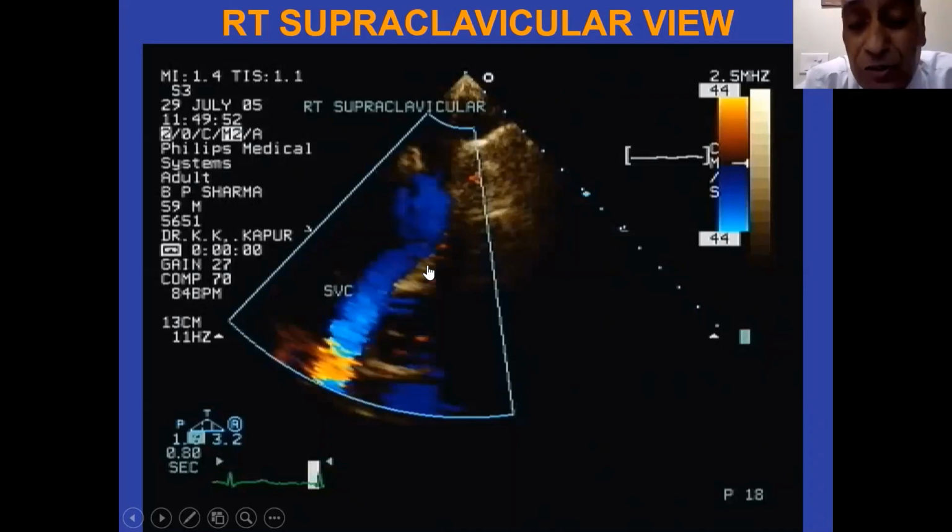If you have any doubt, especially if the patient is elderly, having atrial fibrillation, and you're not getting a good view of the LA appendage, then you should go in for transesophageal. Many interventional cardiologists who are going to do BMV actually insist on a transesophageal echo before doing a BMV. But actually, it depends on the quality of the transthoracic echo.